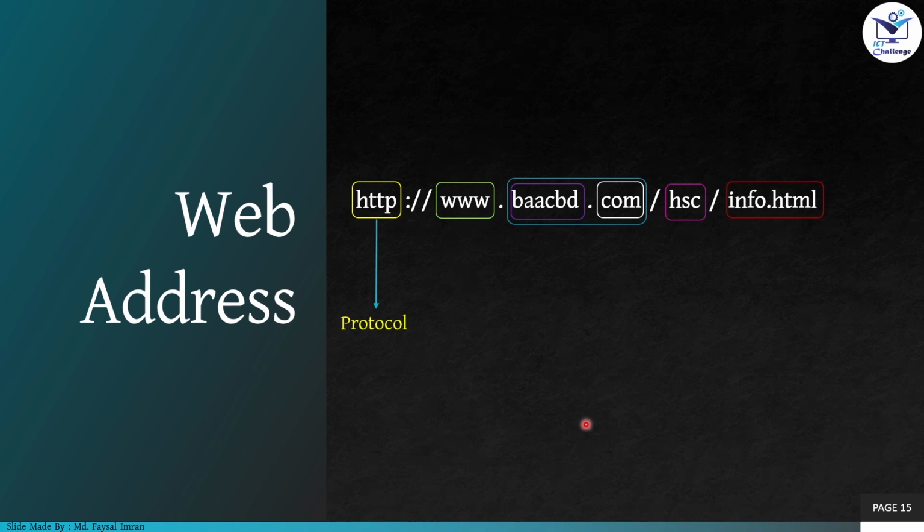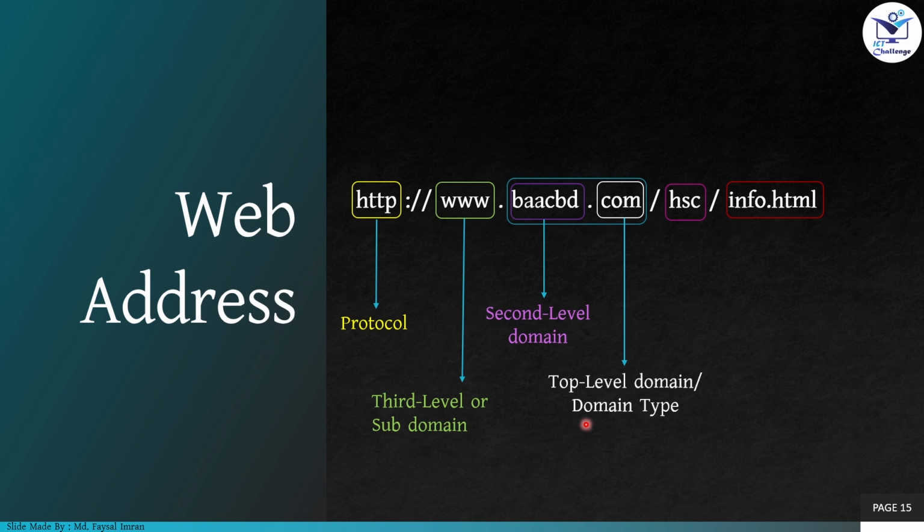HTTP indicates hypertext transfer protocol. We must discuss it later. And www is a third level domain or subdomain. What is a third level domain or subdomain? We must discuss this. So backberry.com, this is a second level domain. Backberry is a second level domain. Here .com is a top level domain.